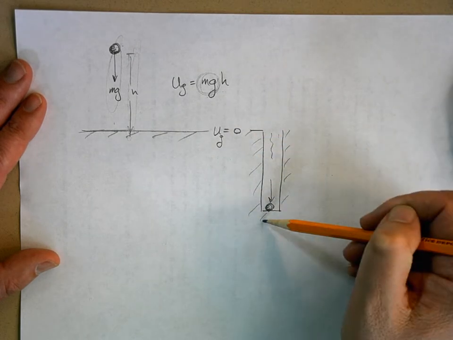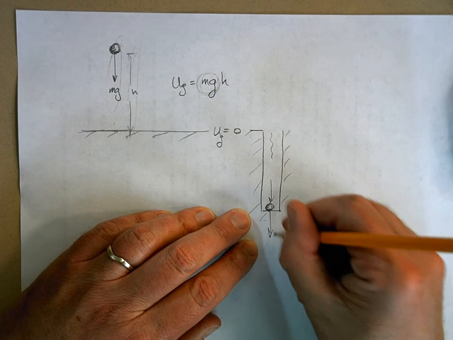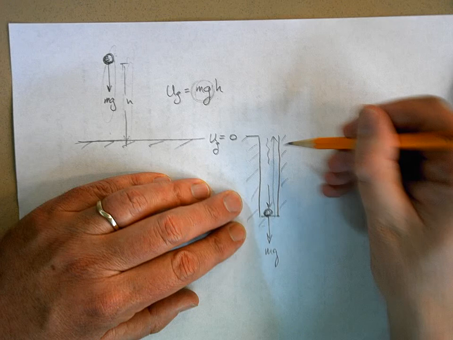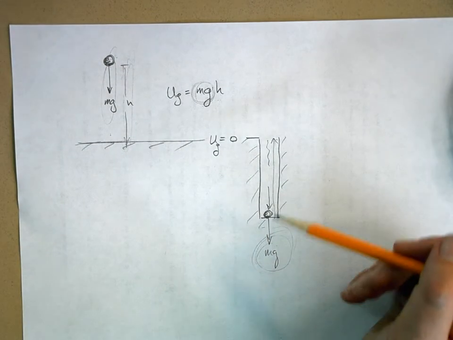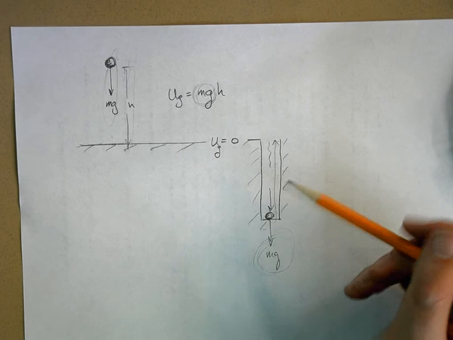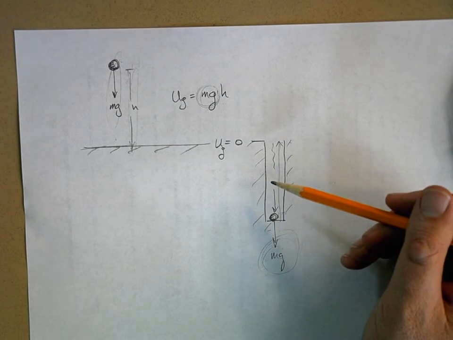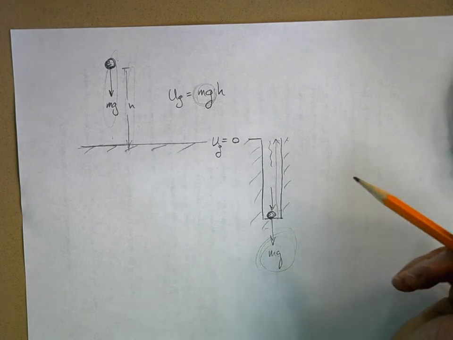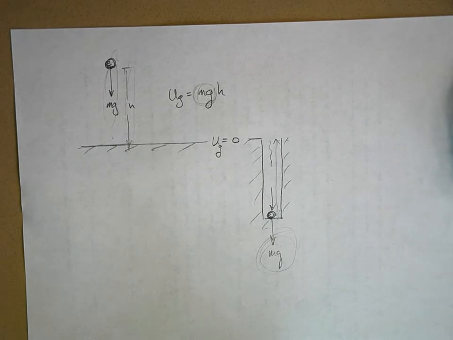I'm below. So in other words, if gravity pulls down but you have to lift it up, notice that the force and the displacement are in opposite directions. So you have mg times h times the cosine of 180 degrees. Well, that's -1. Or you can think, hey, you're below your reference point, so you have negative gravitational potential energy.